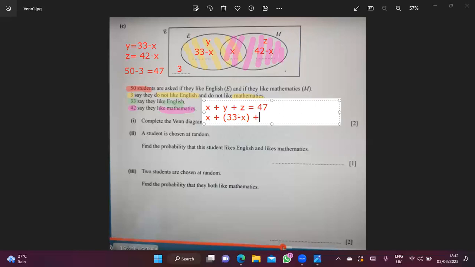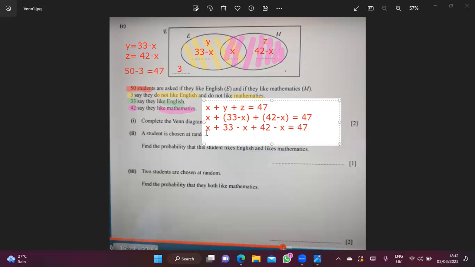Z equals 42 minus x. Then altogether equals 47. There you go. Then what you need to do is solve it. Open up the bracket. 33 minus x plus 42 minus x equals 47.